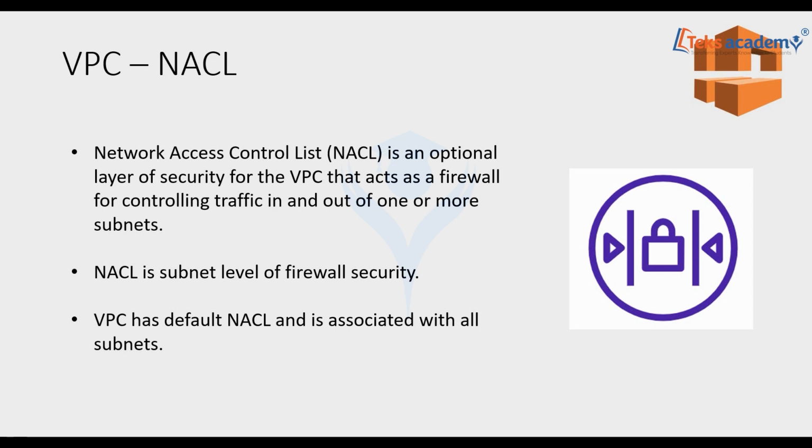But when we create a network access control list, by default the inbound and outbound traffic will be denied. We need to explicitly add the rules for inbound and outbound traffic.